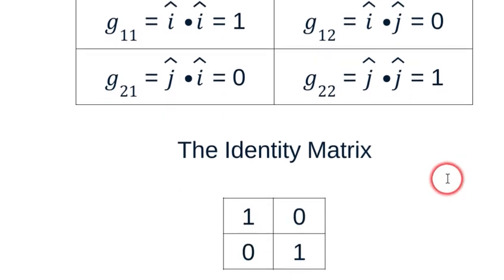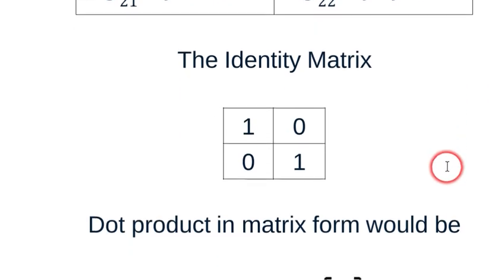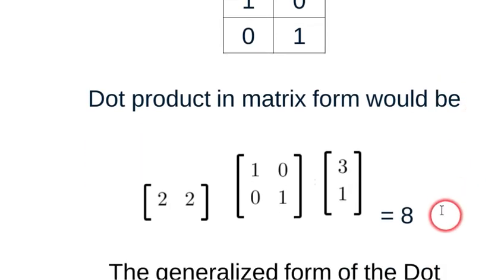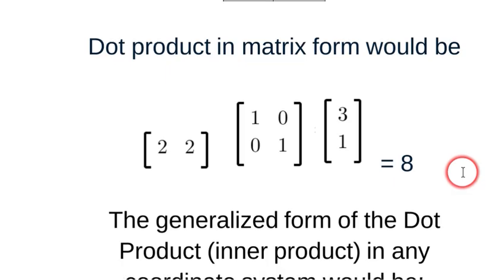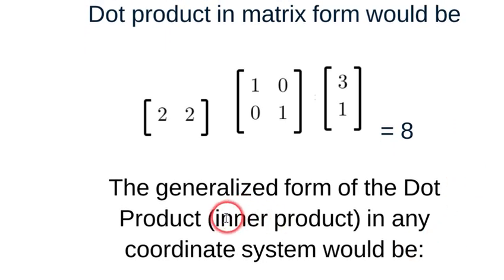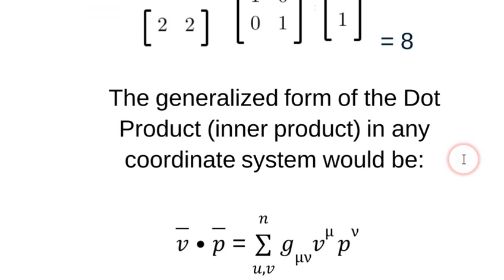It looks like that. So the dot product in matrix form would be my first vector times the identity matrix times my second vector, and the answer is 8. So the generalized form of the dot product in any coordinate system would be this.